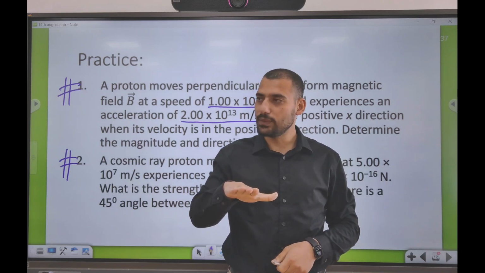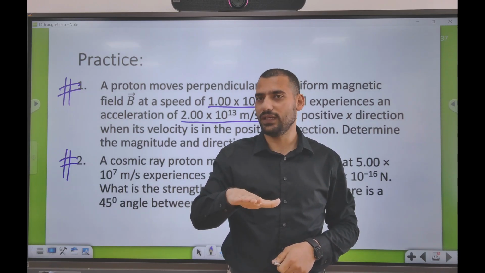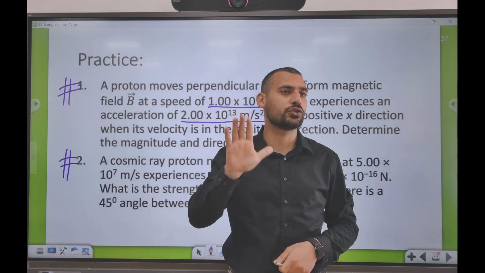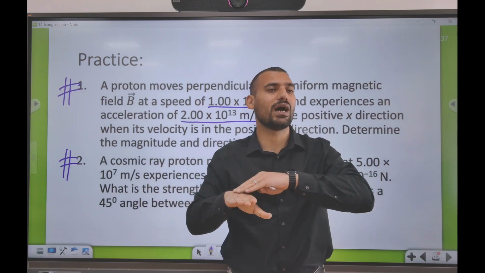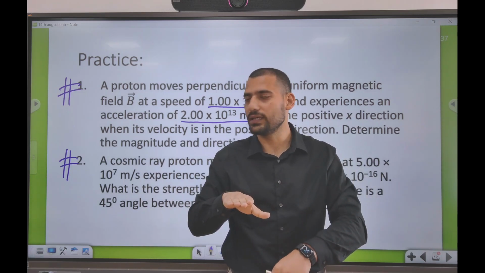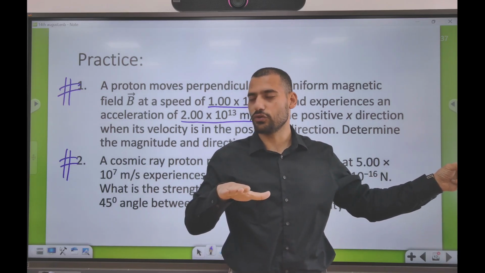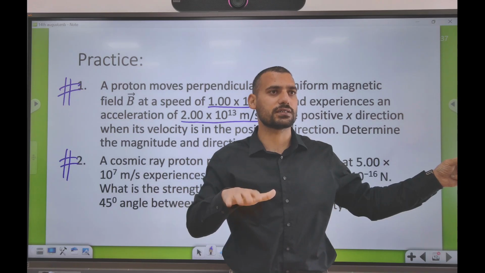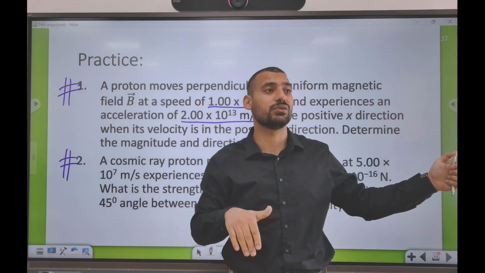So our magnetic field, by the concept of the right hand, should be something like this. When you start from velocity, you have to go to the magnetic field, isn't it? Such that the thumb should point like this. So when you curl your fingers, they are going down. It means the magnetic field has to be along negative j. Khalas.